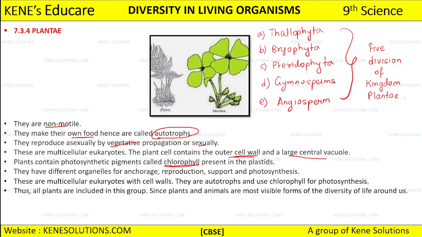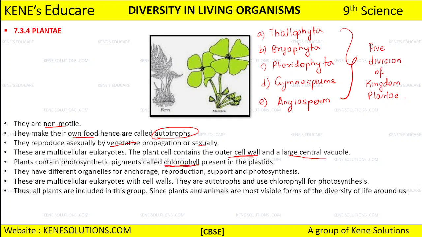So what do plants have? They have a photosynthetic pigment, chlorophyll, which is present in the plastid. And because of the chlorophyll present in the plant, the plants are able to make their own food, and animals cannot, because animals do not have this chlorophyll or the chloroplast.